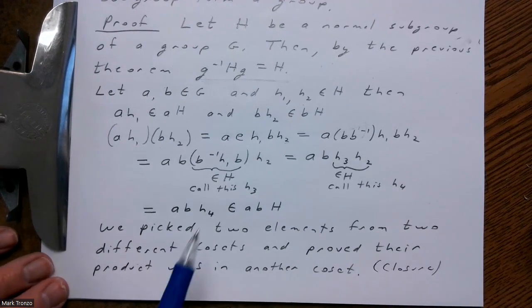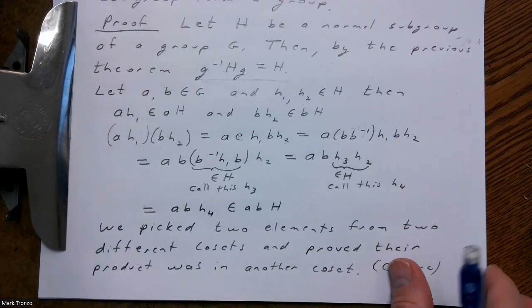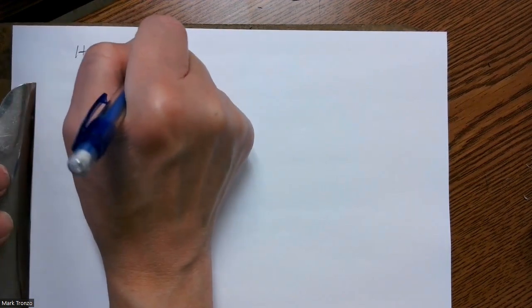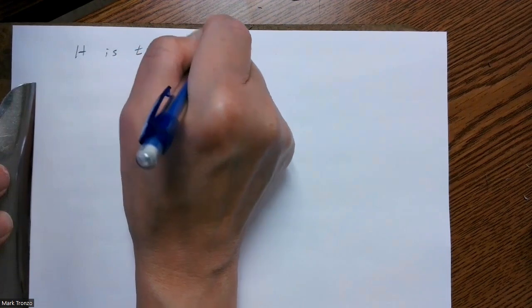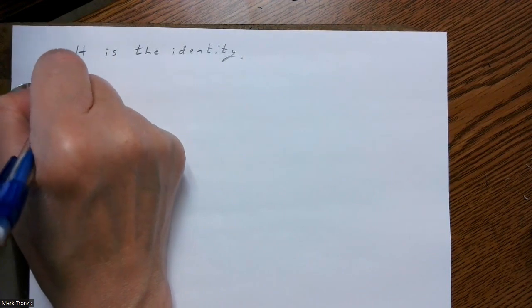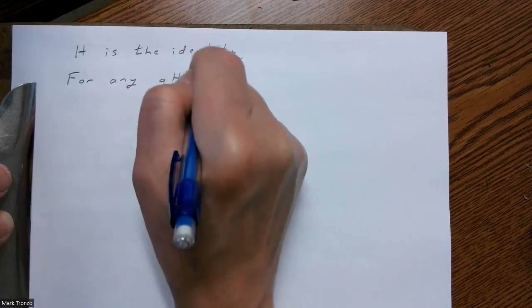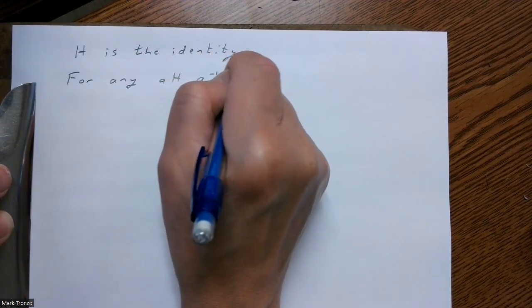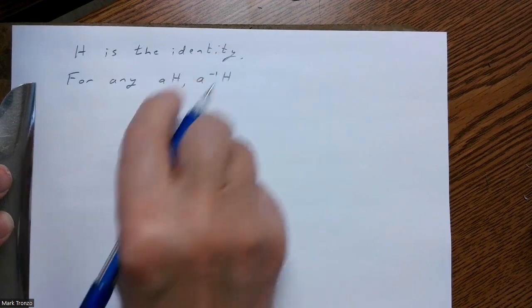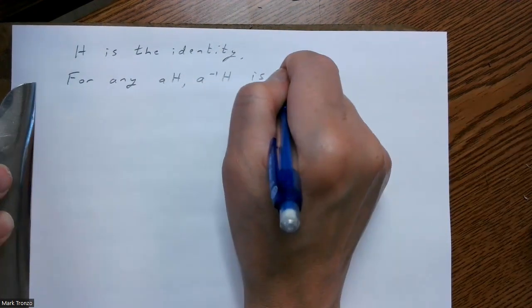And then also, as I said before, H is going to be the identity for the group. And then also we're going to need an inverse. So let's take a look at this. So let me say H is the identity. Then for any AH, A inverse H is the inverse.